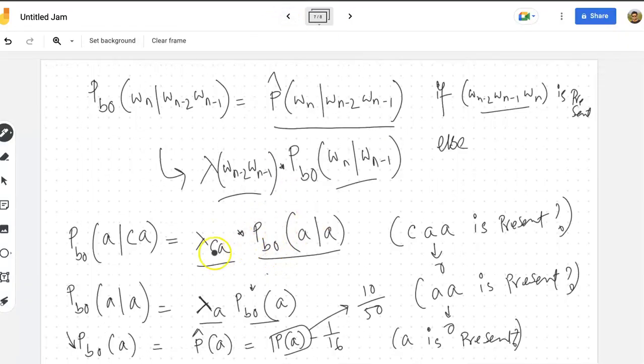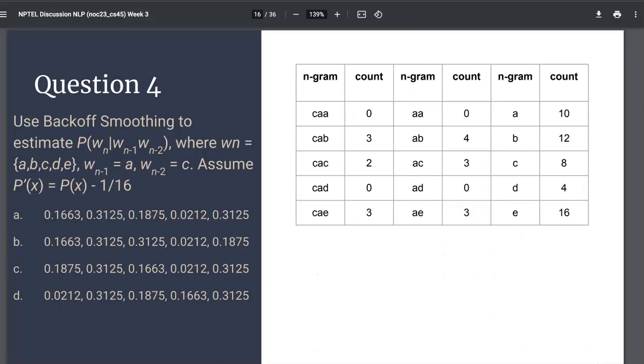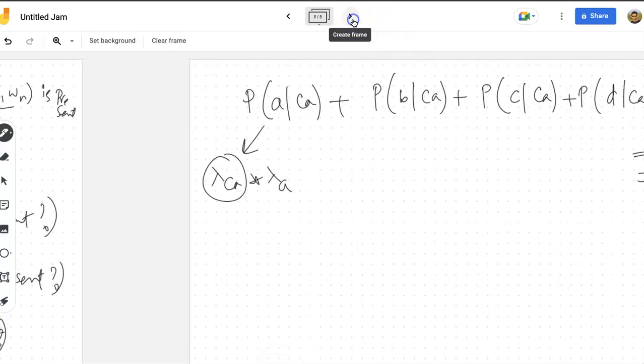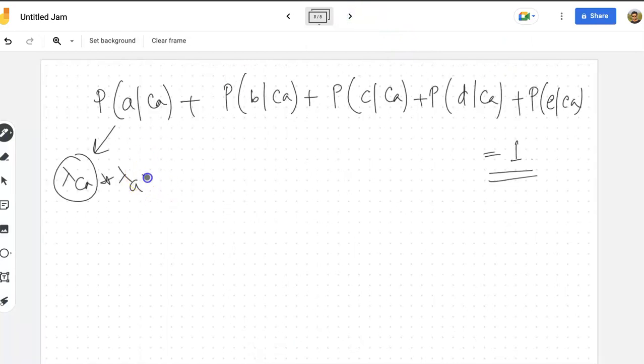If you just replace this thing, it will be lambda into PBO. PBO is this thing, so 120 into 1 by 16. Just if you do this sum, it will be 10 by 15 minus 1 by 16. Like this way, you will find this thing also. This thing, this thing.